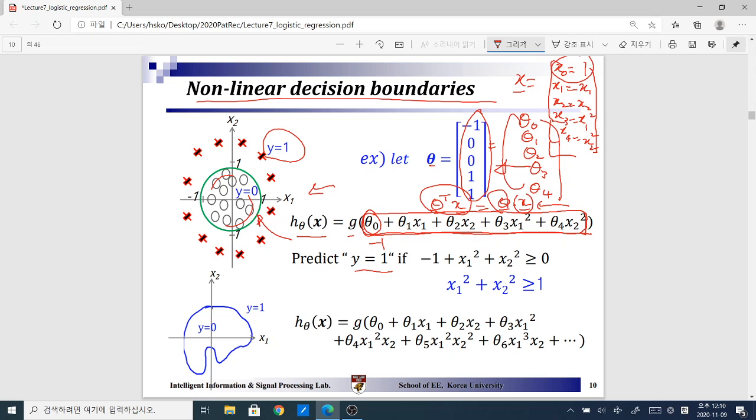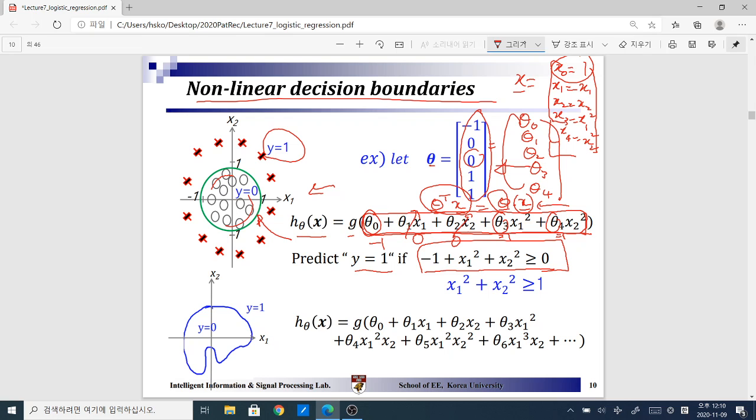And then x1 is equal to 0, so this one actually goes away. And theta 1 is equal to 0, and similarly theta 2 is also equal to 0, so this one also goes away. And theta 3 is equal to 1, and theta 4 is equal to 1. So what that means is that the inside of the bracket or parenthesis can be said like this, right?